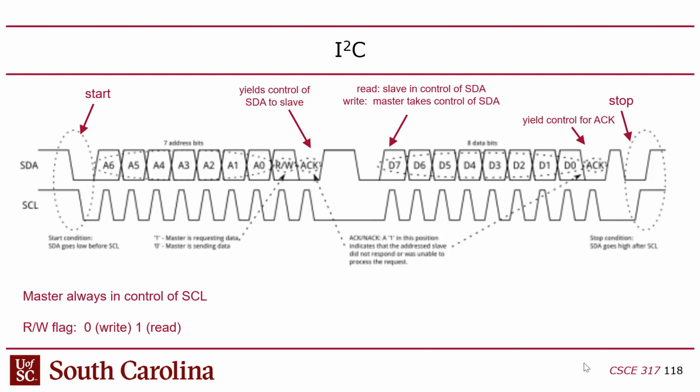Whereas now there's one wire, and it's a little bit more complicated because we have to hand off control sometimes multiple times throughout a transaction, but it's only two wires. So it's only half the cost of SPI, and it's multi-master. So it's a lot nicer than SPI.